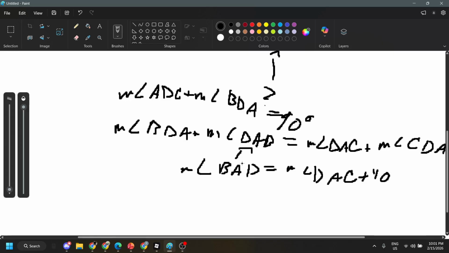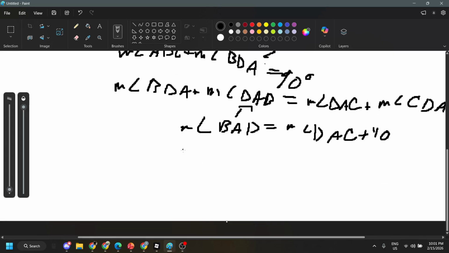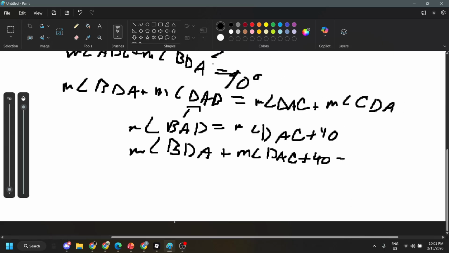So here we can say the measure of BDA plus the measure of DAC plus 40 is equal to the measure of DAC plus the measure of CDA.